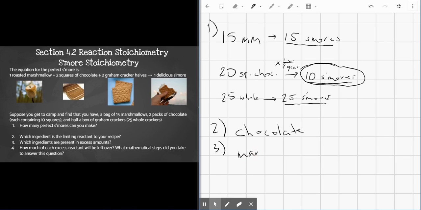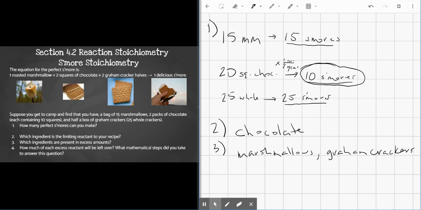So the marshmallows and the graham crackers are present in excess amounts. That means after I make my 10 perfect s'mores, I'm going to have marshmallows and graham crackers left over, which sometimes people just want to eat, so that would work out.